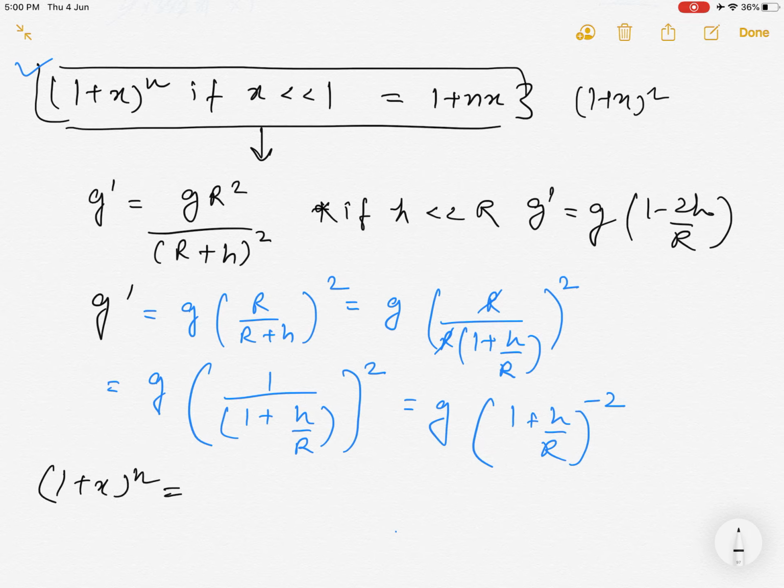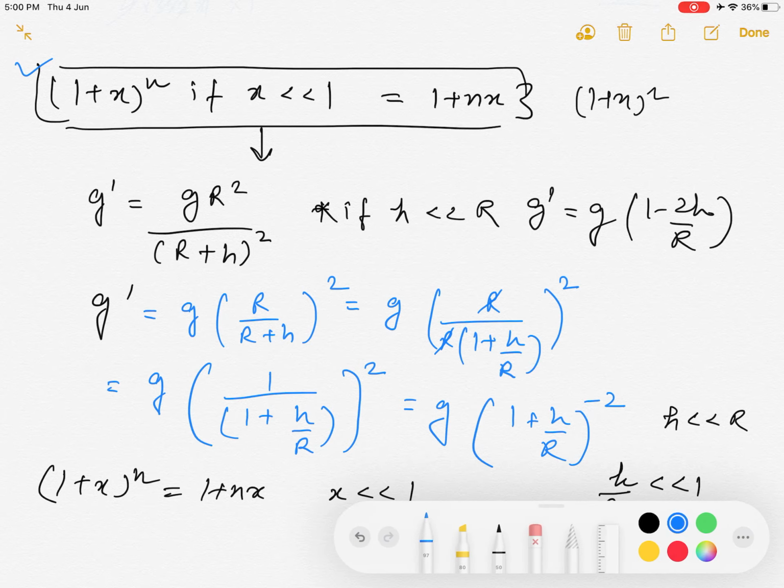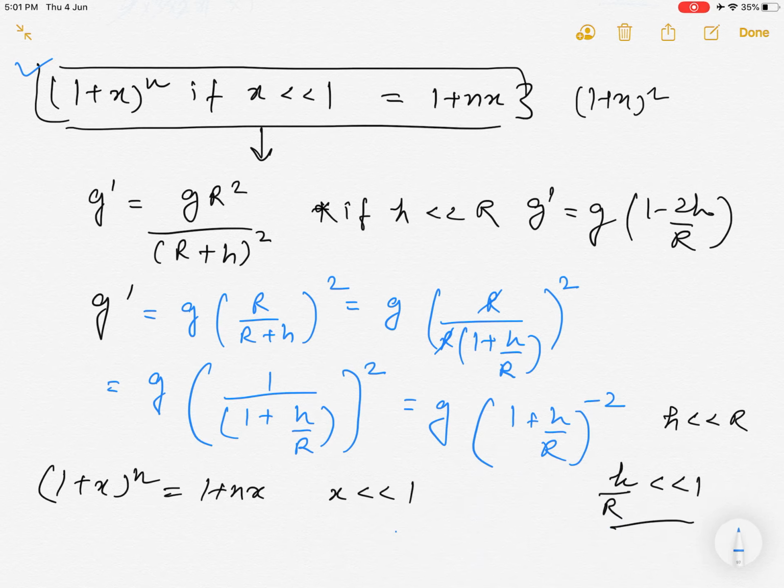Now just recall this theorem. It says that 1 plus x to the power n can be written as 1 plus nx provided x is much less than 1. Now since h by r is much less than 1, from where did I get it? Because h is much less than r, so if we cross multiply, you'll get this relation. So I can take this approximation safely.